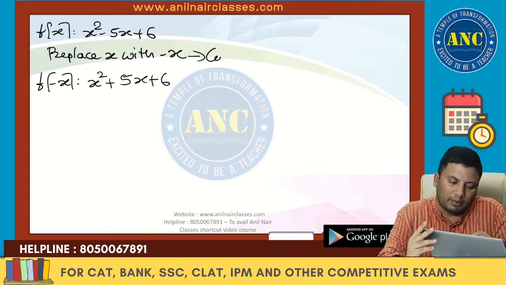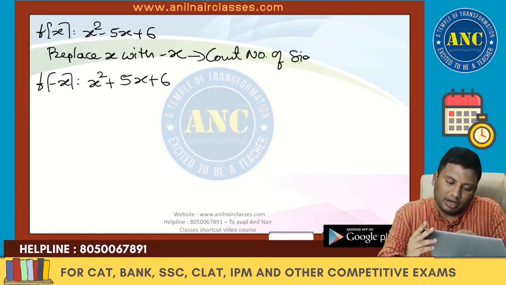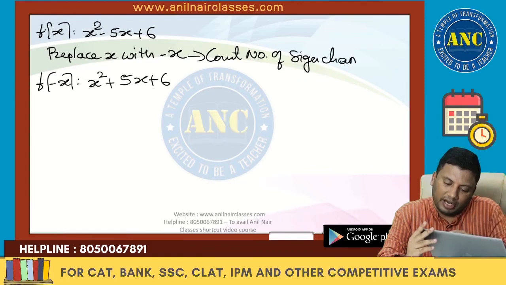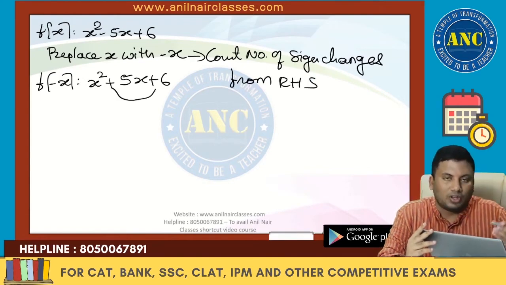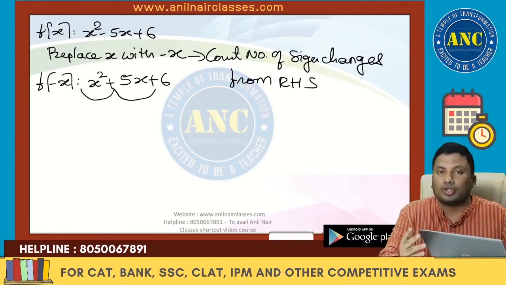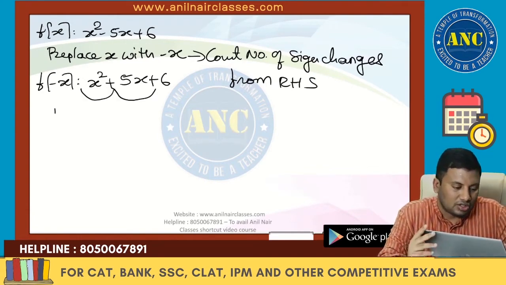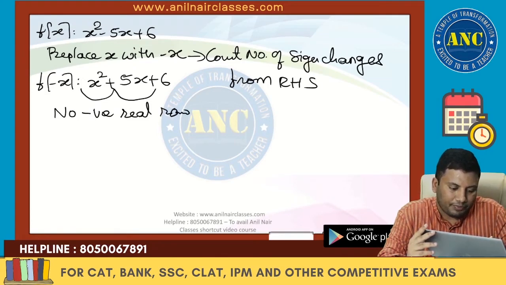Then count the number of sign changes from the right hand side. Positive, positive, no sign change. So there are no negative real roots.